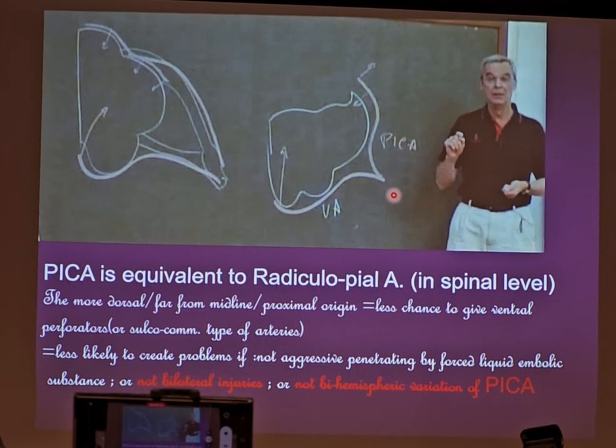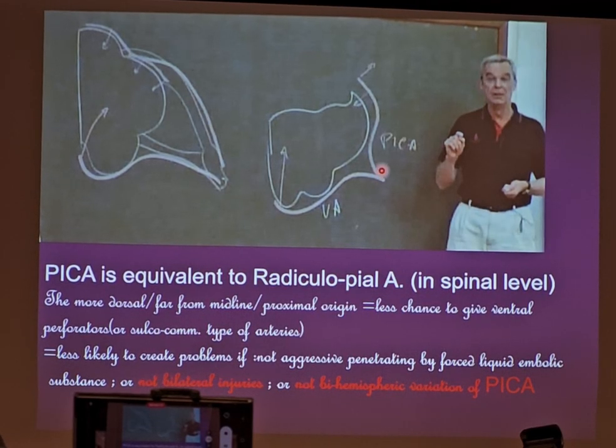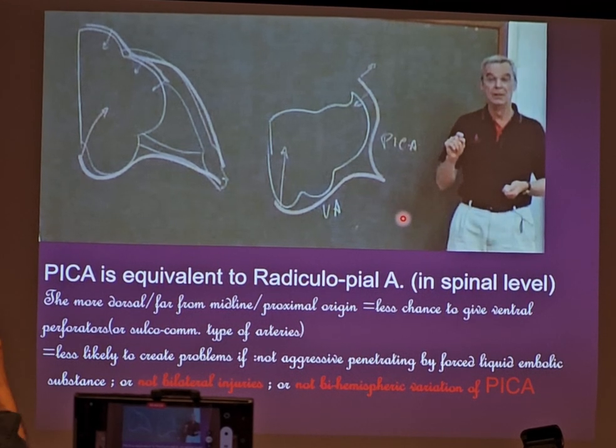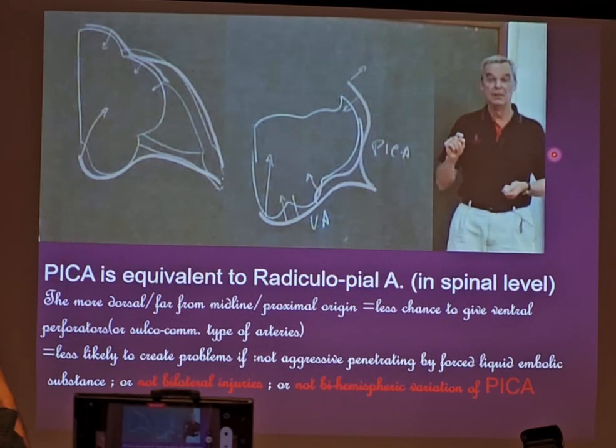If the origin of PICA is more lateral, the function would be more to the dorsal perforators. But if PICA comes off here, more medial and close, it has the possibility of supplying the ventral perforators. Okay, so that is the role.